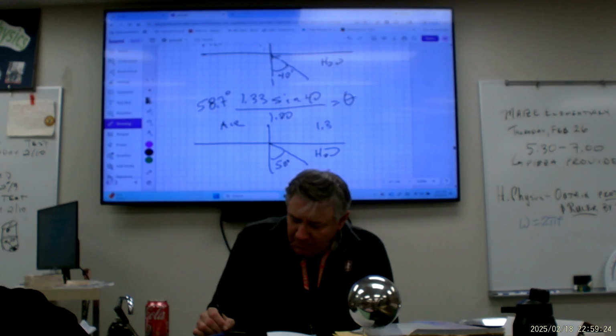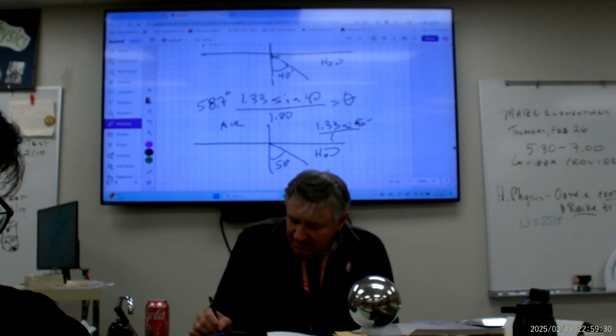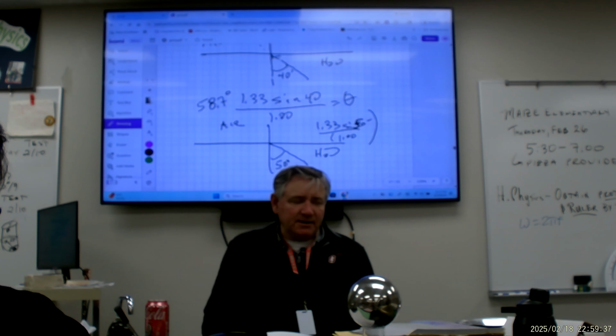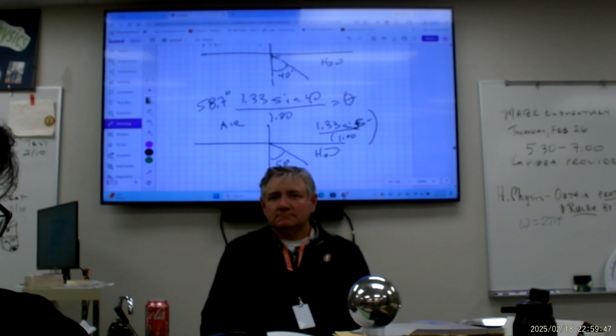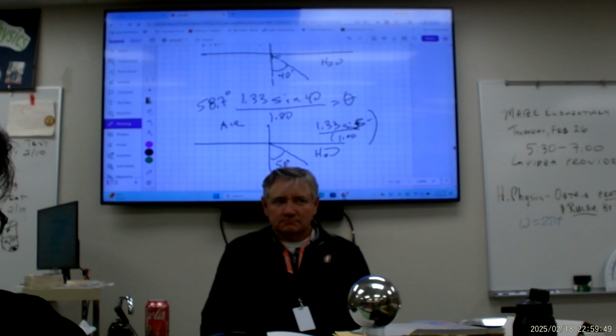So somebody take 1.33 times the sine of 50, divided by 1, and find me that angle. What do you get?